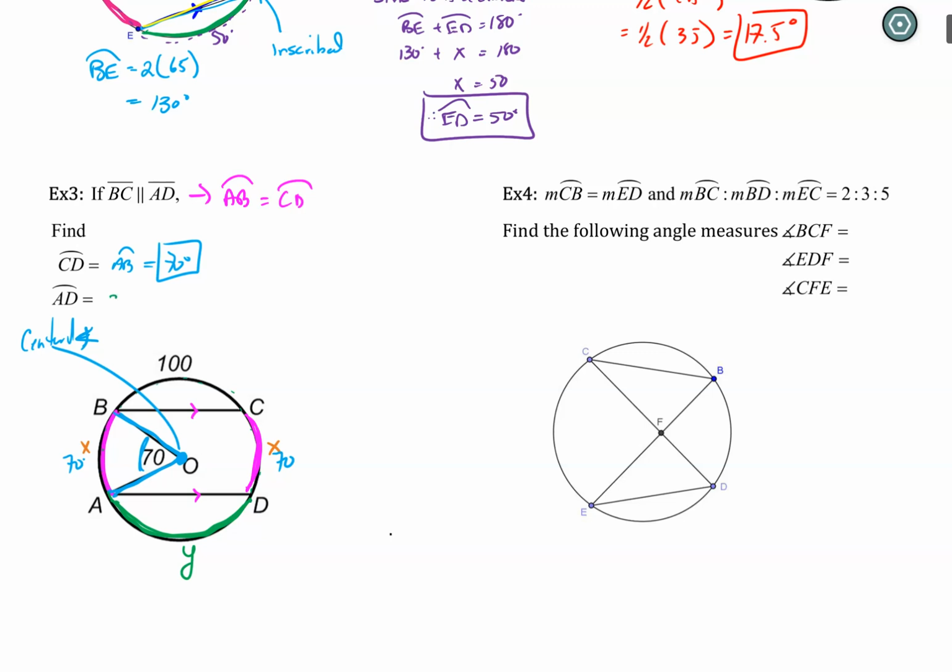So if I take 360 and I subtract all the arcs that I know, in this example, that's 70 plus the 100 that they told me, plus the other 70 that we found. So we're really going to have 360 minus, if I add these all up, that's 240, which concludes that arc AD is 120 degrees. So now I know that this is 120.